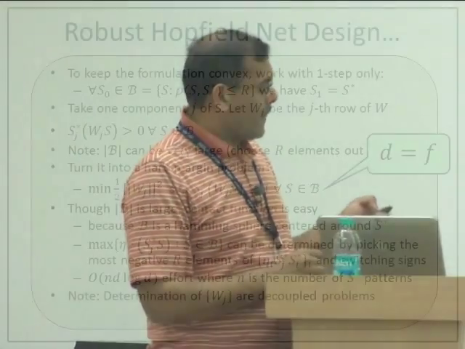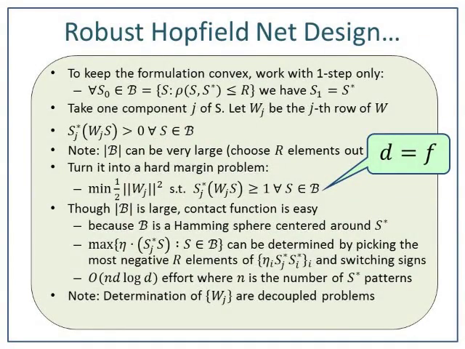So the problem is simplified by requiring that in one step these noisy points converge to S star, right? So this is a simpler convex way of expressing the robust requirement. So instead of saying that the full dynamics will converge to S star, we require that these noisy patterns in one step have to converge. That simplifies the problem.